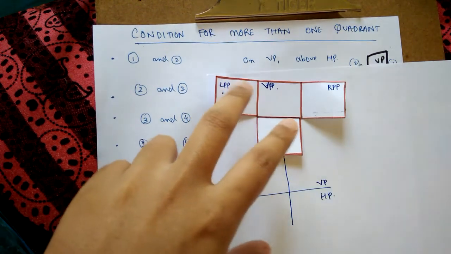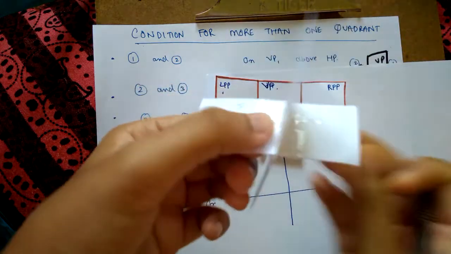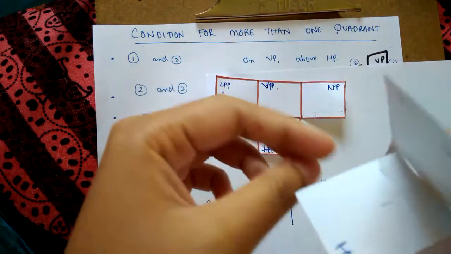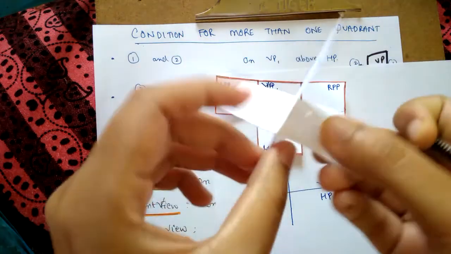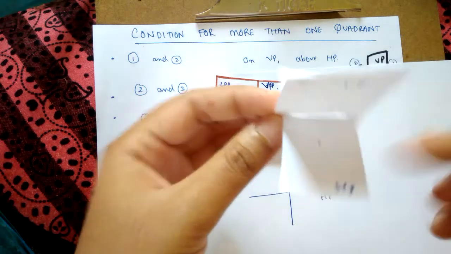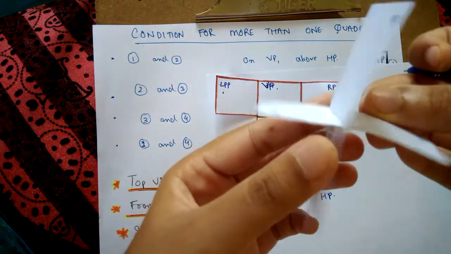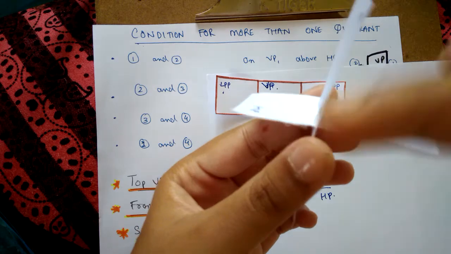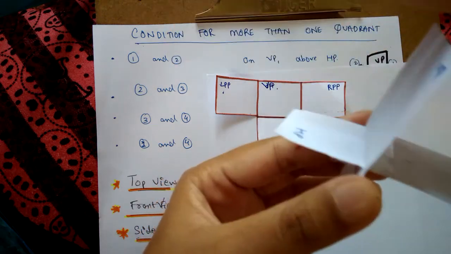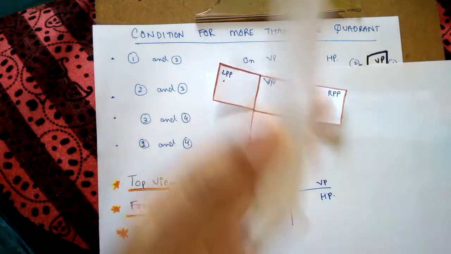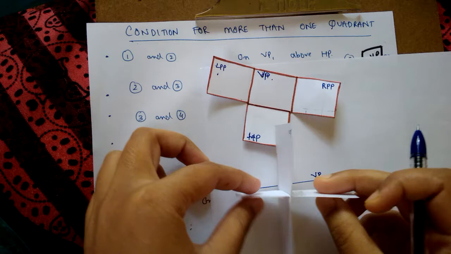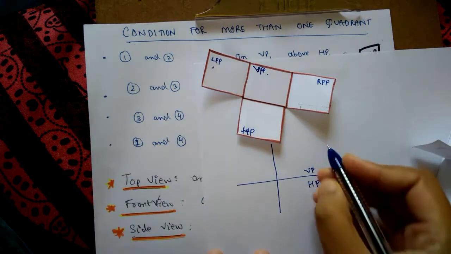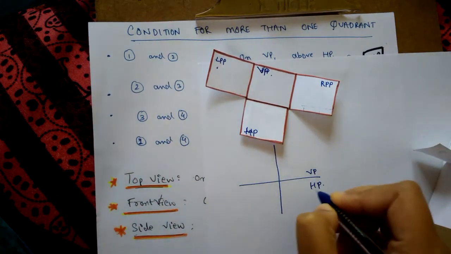Why we draw a line in the middle is because of the 3D view here, where VP is this side and HP is this side. You can see this line divides this plane and the downward plane. You can visualize this as a plus. So you always write VP on this side and HP on this side.